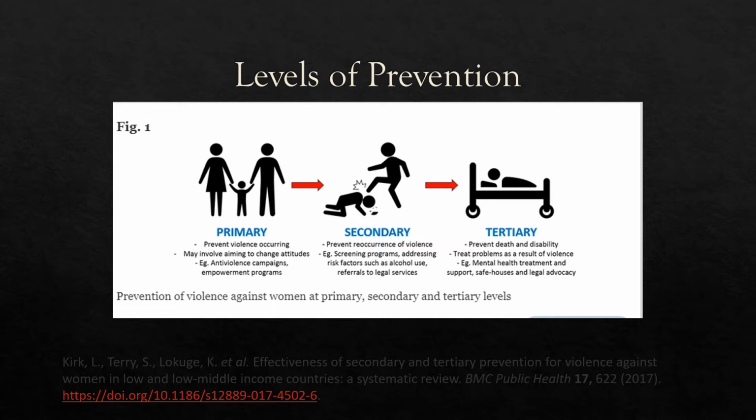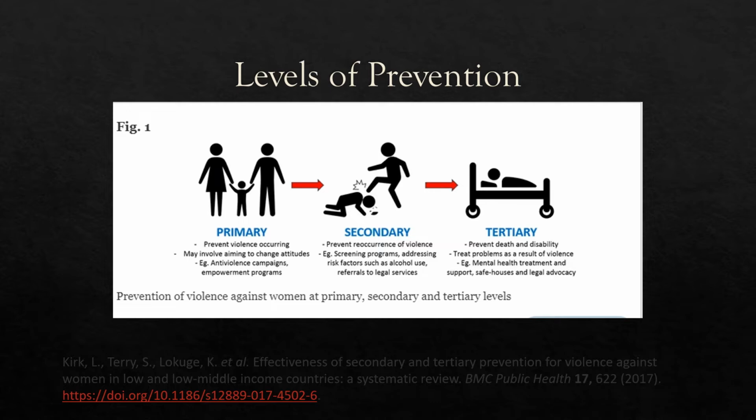If we're thinking about, this is an article, a study that was looking at secondary and tertiary prevention of violence against women in low and middle income countries. It was a meta-analysis, and they looked at what were the opportunities for intervention at the secondary and tertiary level.